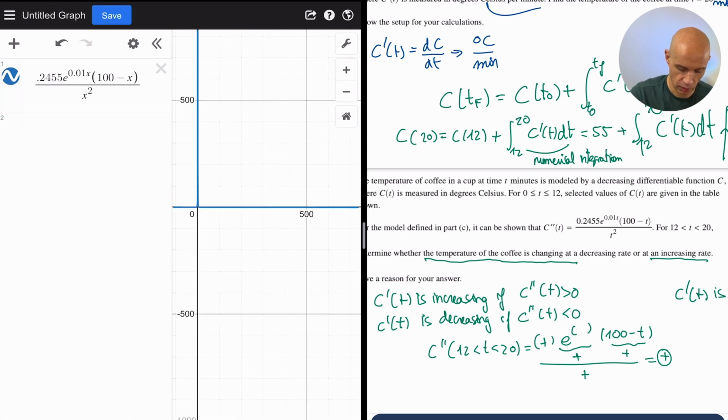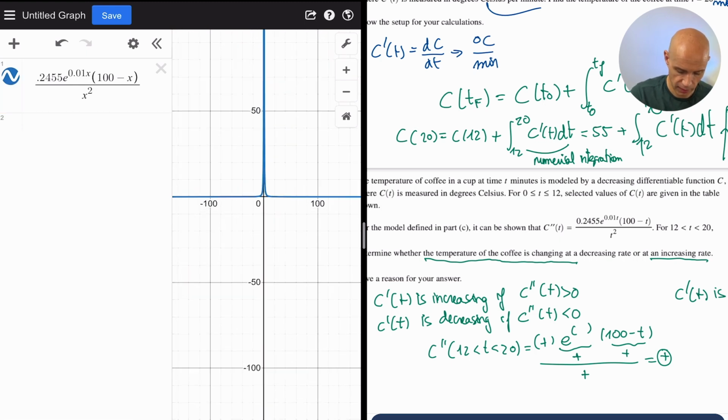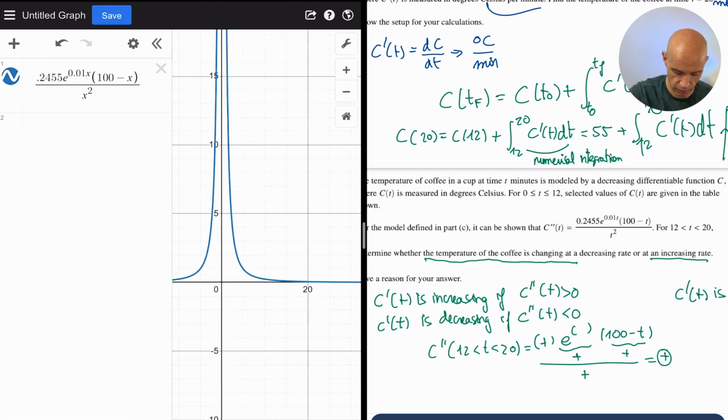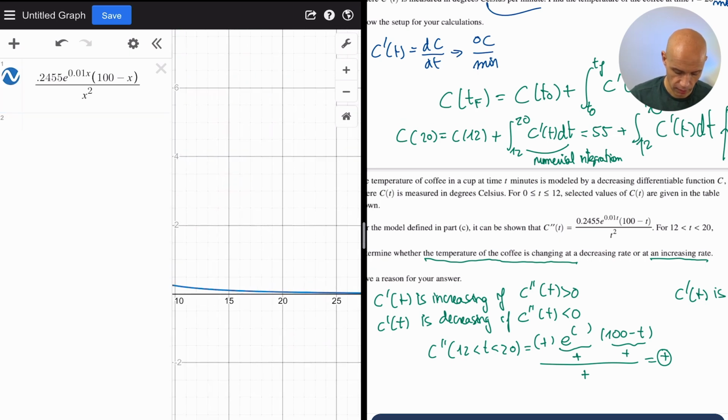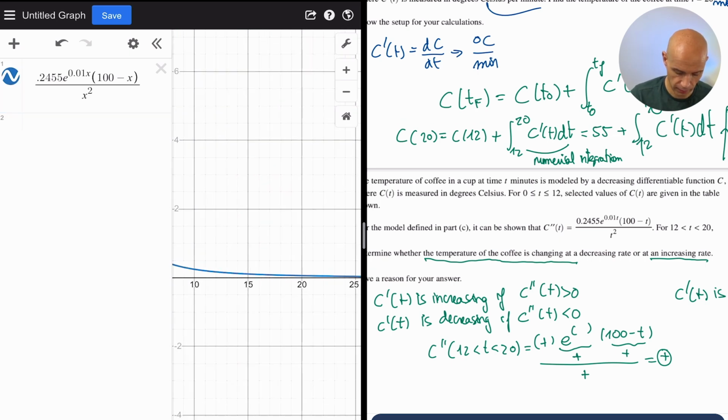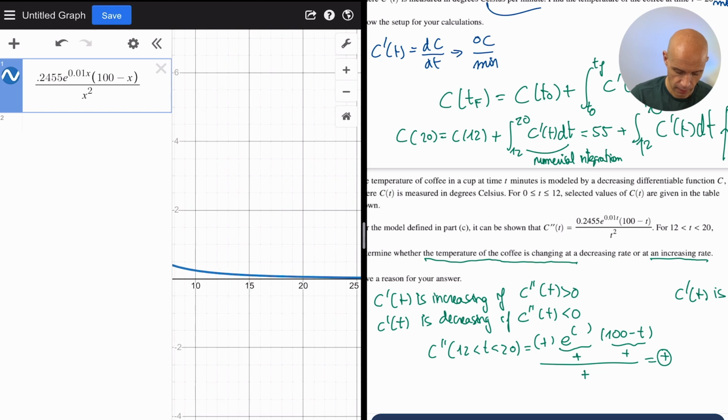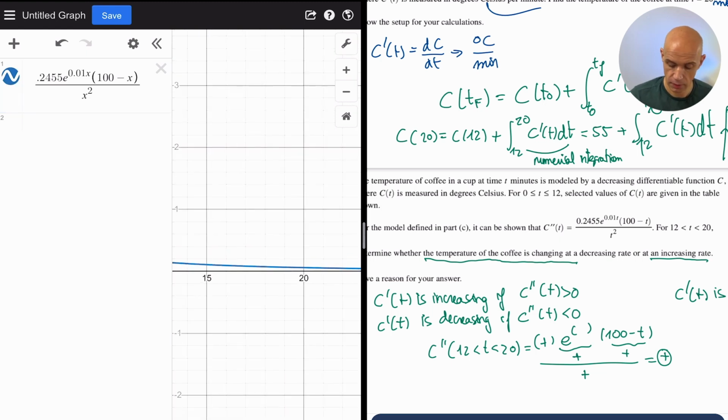So in this case we're going to have a figure, and we can go here 0 to 12, right? And you can see that from 12 to 20, it's positive, so the same conclusion applies. So that's basically it, right?